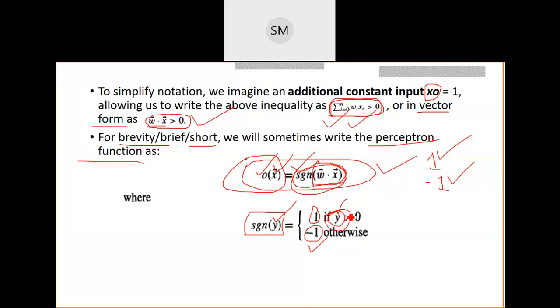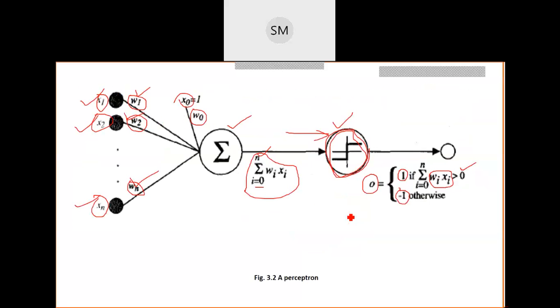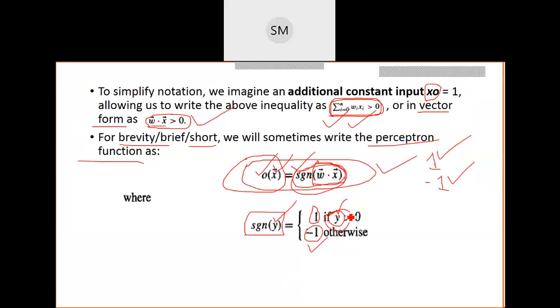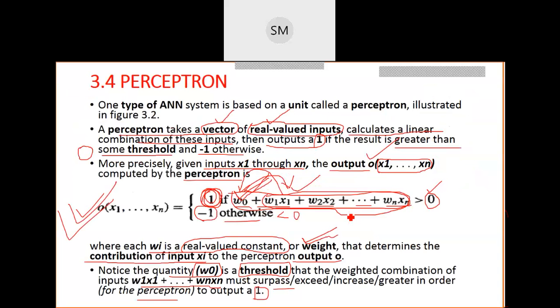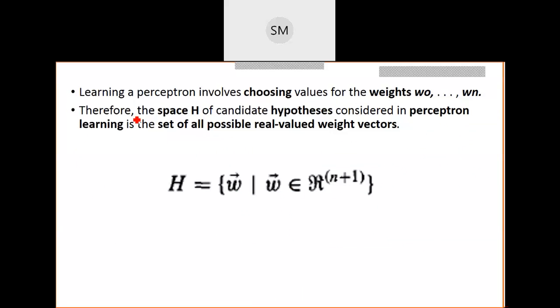Okay, so in this diagram also I have shown you, right? In this equation also I have shown the equation reformed like this 2 times or 3 times for our short and convenient purpose. Then this main task, I already told you, the main task of learning a perceptron is nothing but choosing or selecting the weight values here.